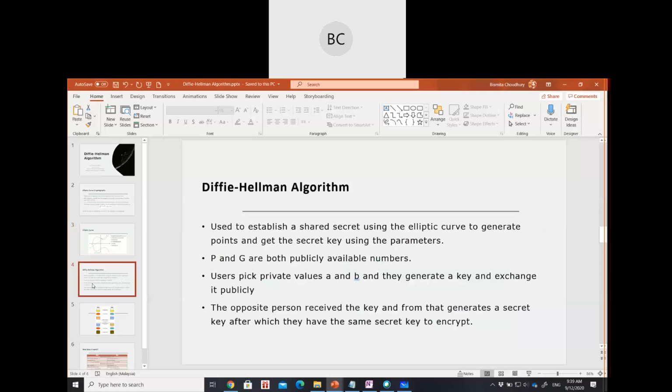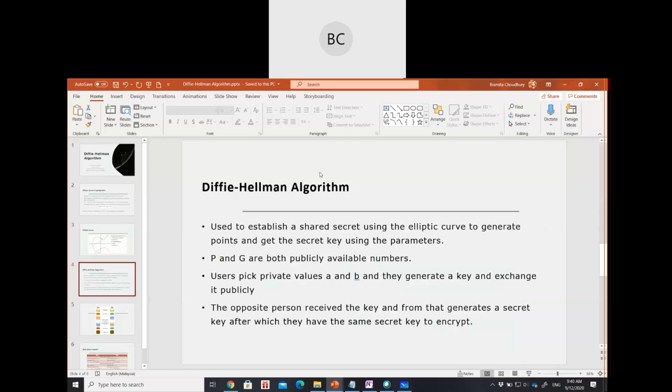So let's go to the algorithm directly. This Diffie-Hellman algorithm was proposed by Diffie and Hellman around 1970.